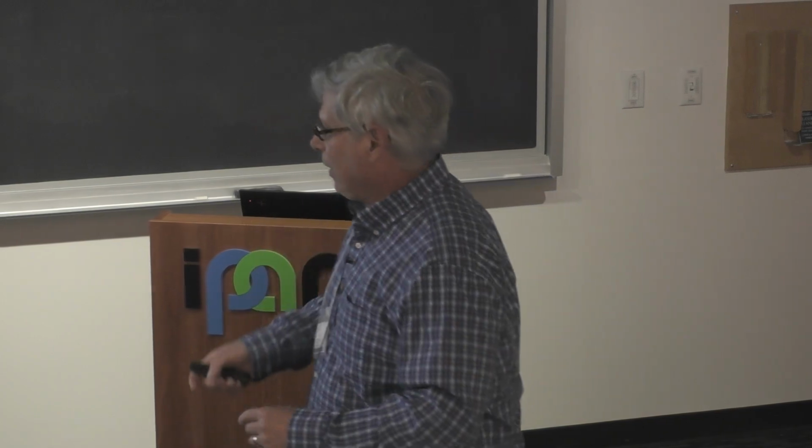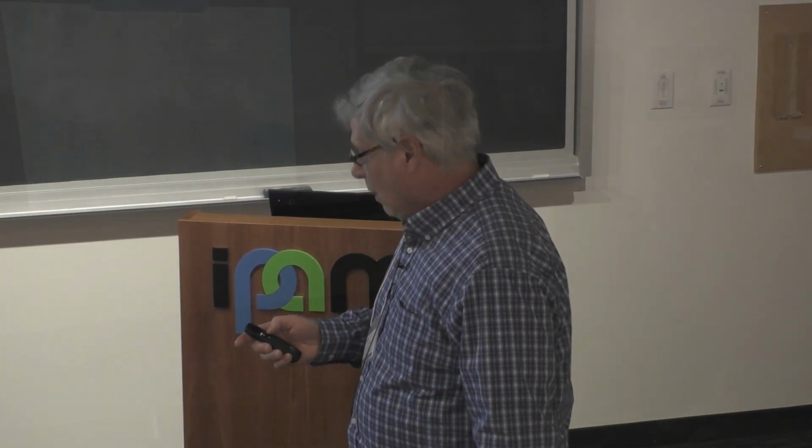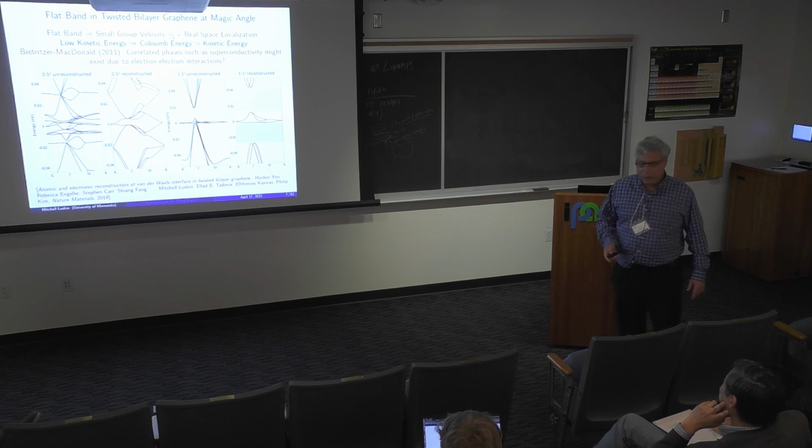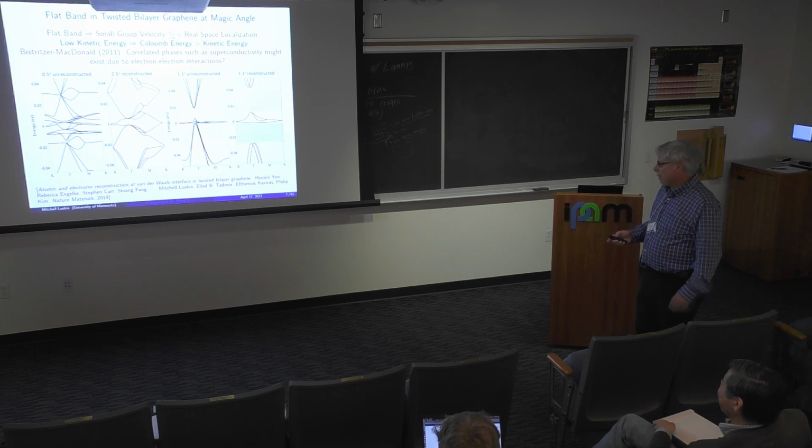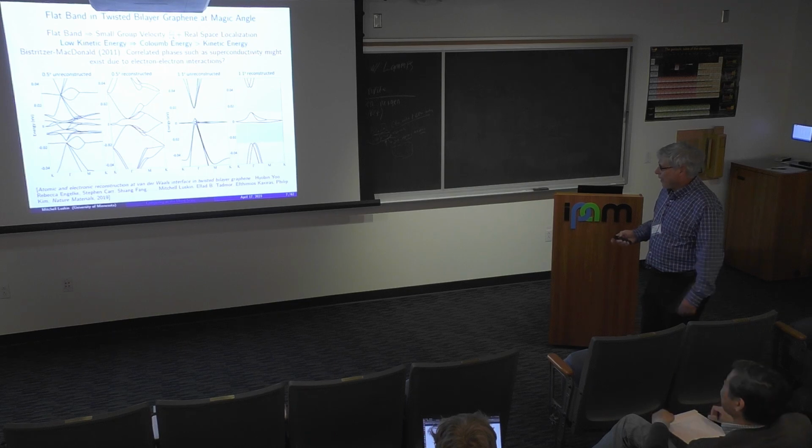So this was Pablo Jarillo-Herrero at MIT, who probably had a gazillion times more funding and manpower, and a brilliant grad student who was willing to work night and day.